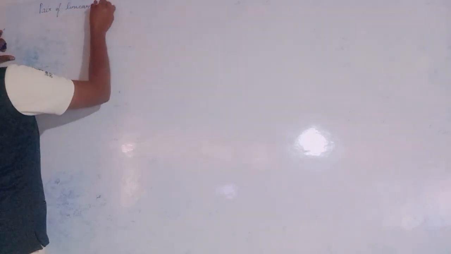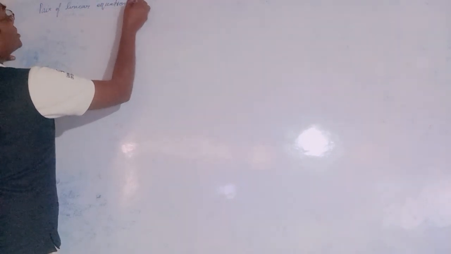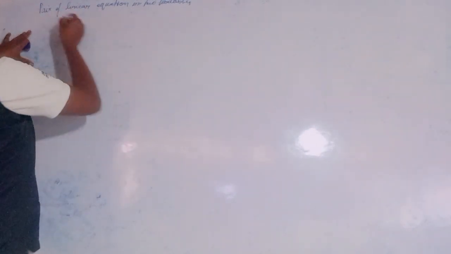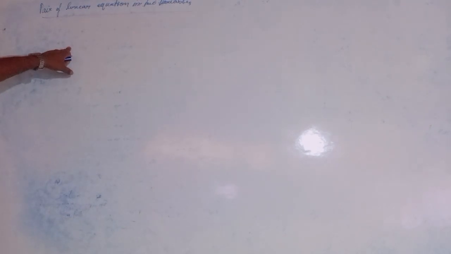Okay, so here is the pair of linear equations in two variables. How can we say that it is a pair of linear equations in two variables?